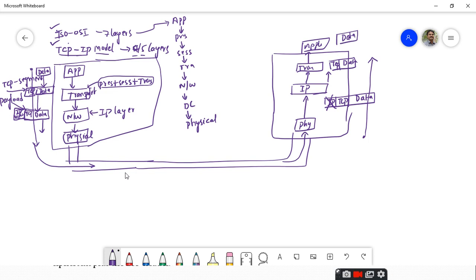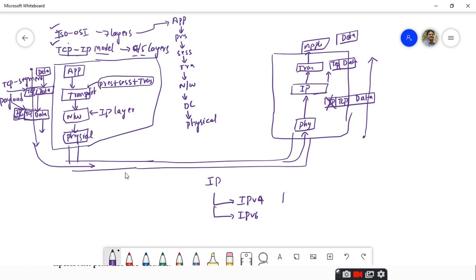But remember that we have two versions of IP. One is IPv4 and the second one is IPv6. Let us see how IP packets look in IPv4 and how they look in the case of IPv6.